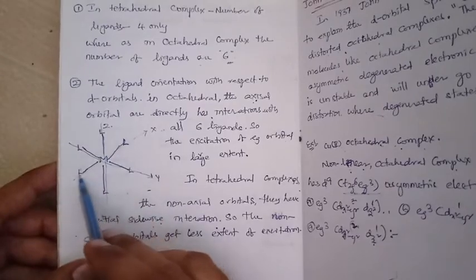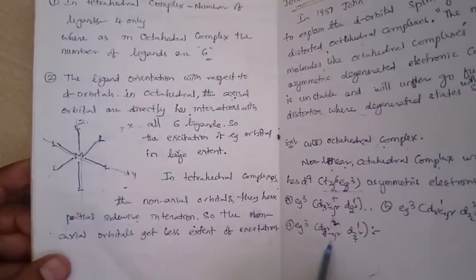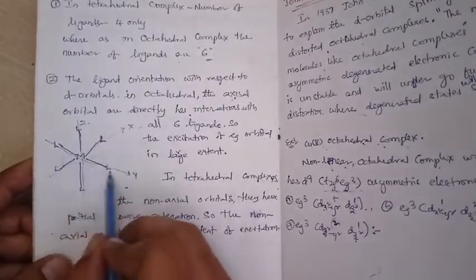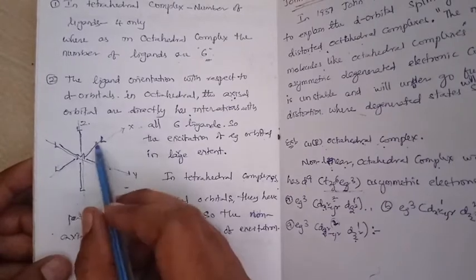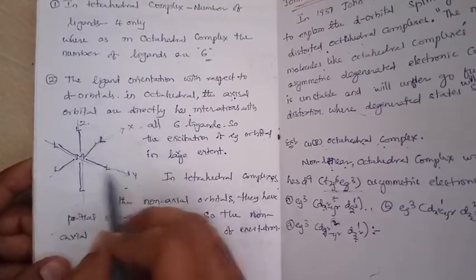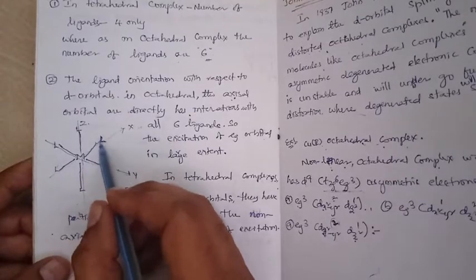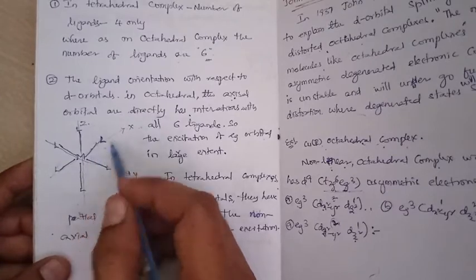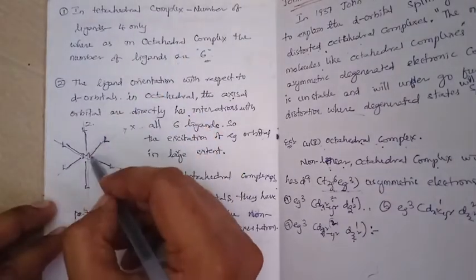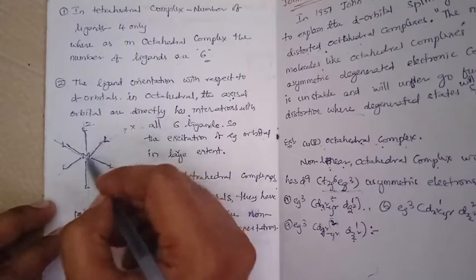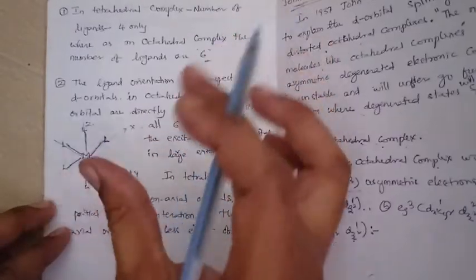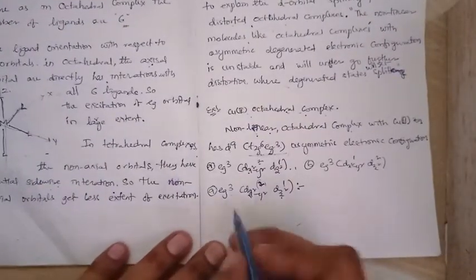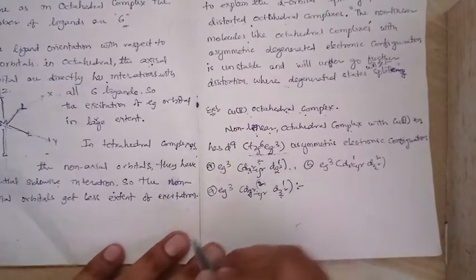While dx square minus y square has 2 electrons, the electron density is higher in the x direction and y direction. So the repulsive interactions between the ligand and metal electron density will be more and more. What happens is that the metal to ligand bonds become slightly larger, they get lengthened, due to the higher electron density along the x-axis and y-axis.